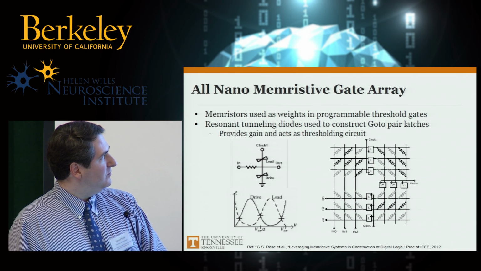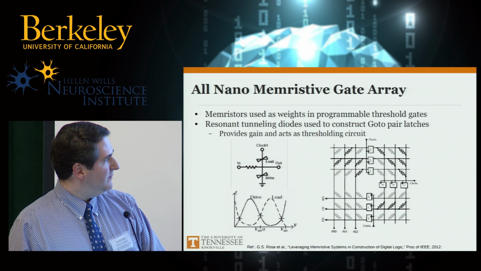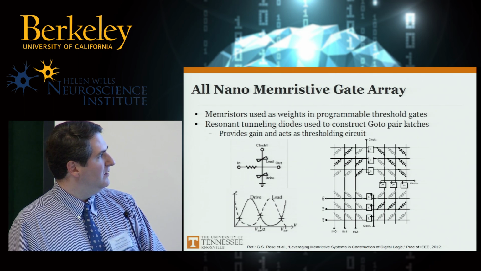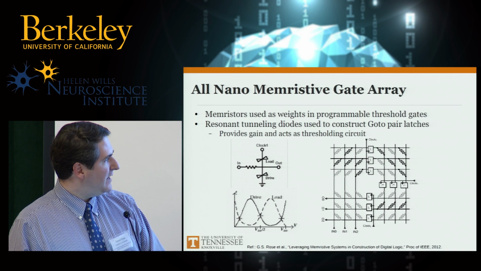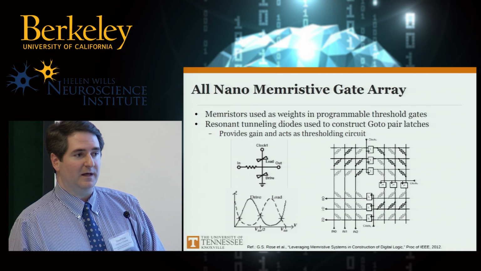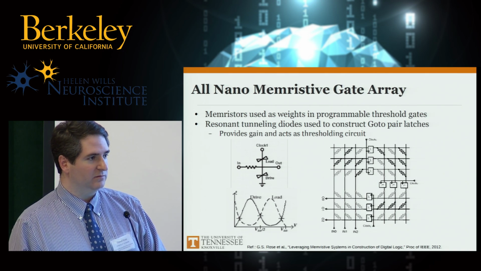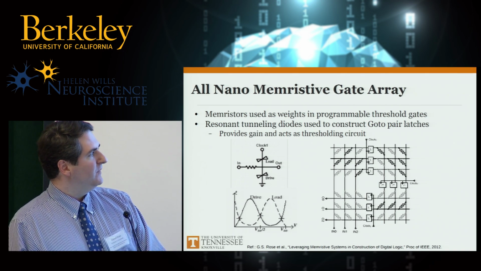These are 2-terminal resonant tunneling diodes, and that means that you have a negative differential resistance region in the IV curve. Because of that, if you stack them on top of one another, you get 3 operating points, 2 of which would be stable. And it behaves basically like a latch using only 2-terminal nanoscale devices.